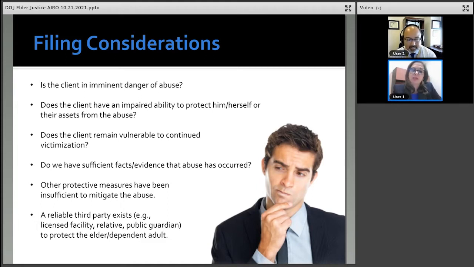And third, does the client remain vulnerable to continued victimization? If we leave them in the current situation, are they likely to have continued victimization? To us, if those answers are yes, then the AIRO is definitely something we consider as one of our possible interventions.